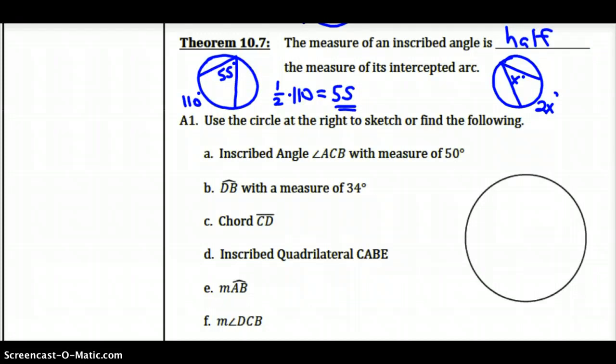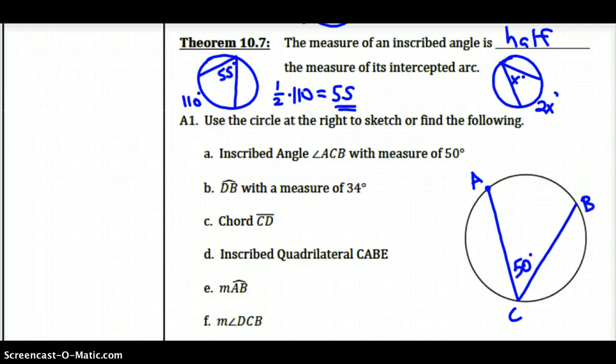So now with this in mind, let's work on this A1 problem. Sketch the following: an inscribed angle ACB with a measure of 50 degrees. So if I go A, C, and B, this is 50 degrees.